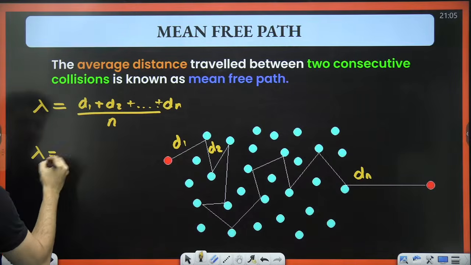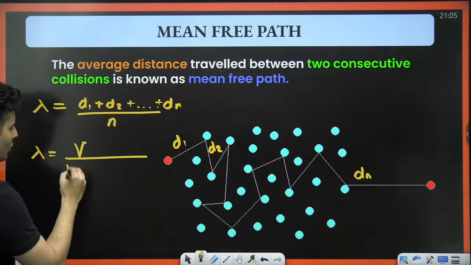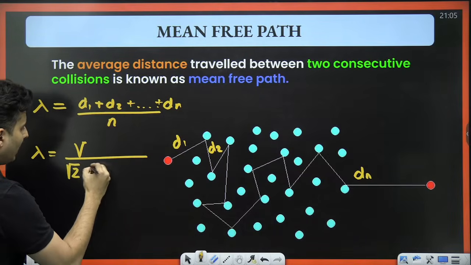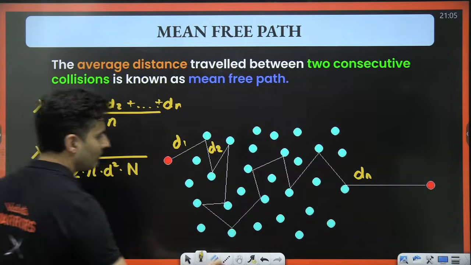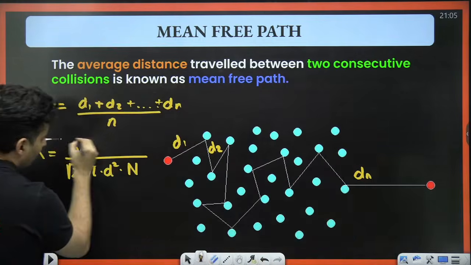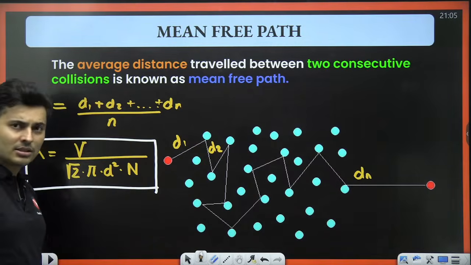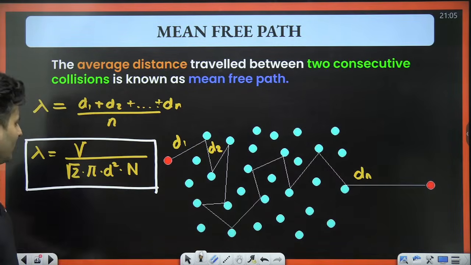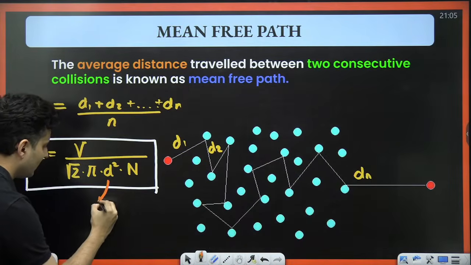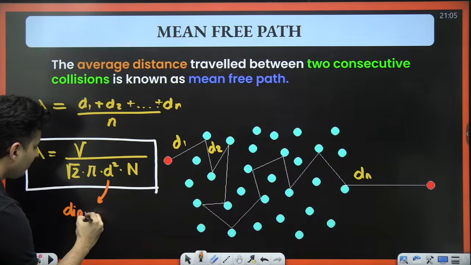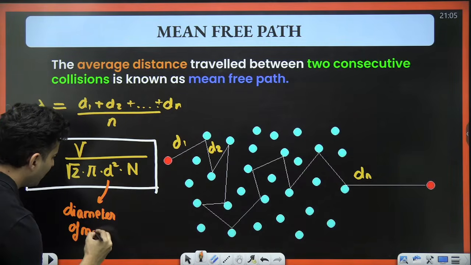This formula comes out as volume, the whole thing divided by root 2 times pi into d square into number of molecules. Very, very important formula which you must know, for the mean free path, the average distance between two successive collisions. What is this d? This is the diameter of the molecule.